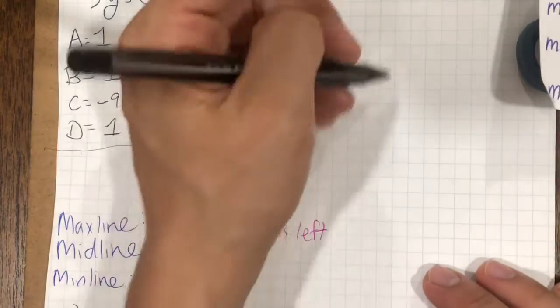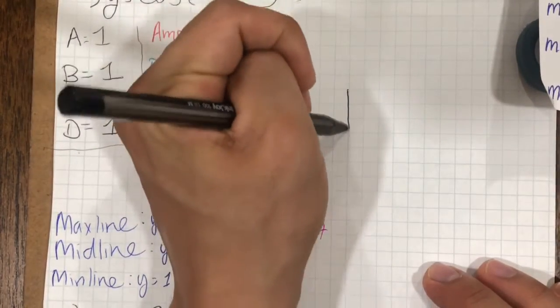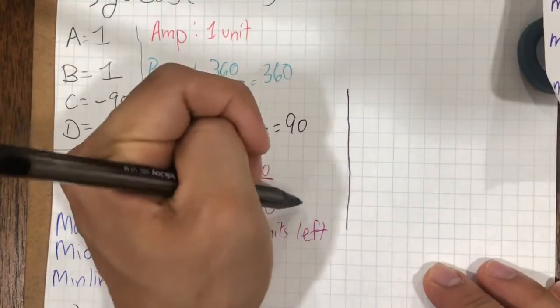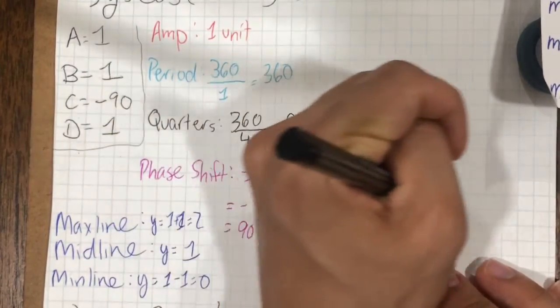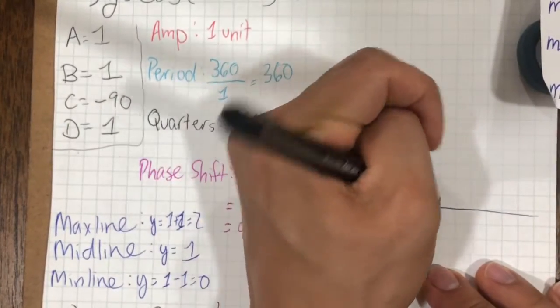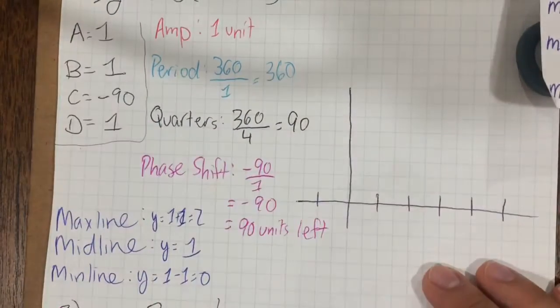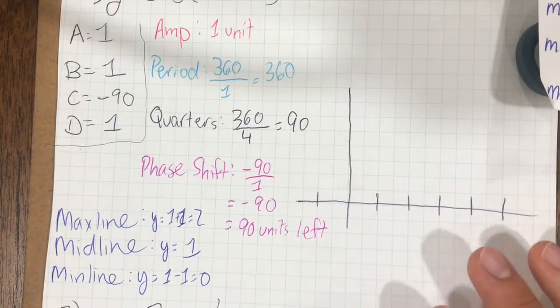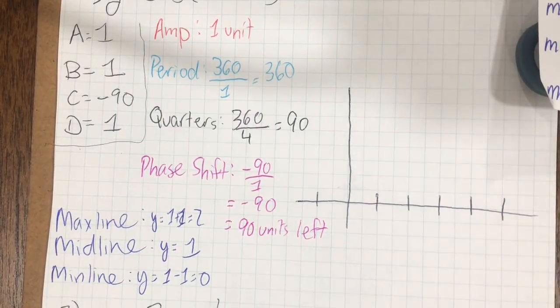So for number 2, I'm going to draw it over here. In reality, I only need 5 numbers, so we're going to see what 5 numbers we're using.